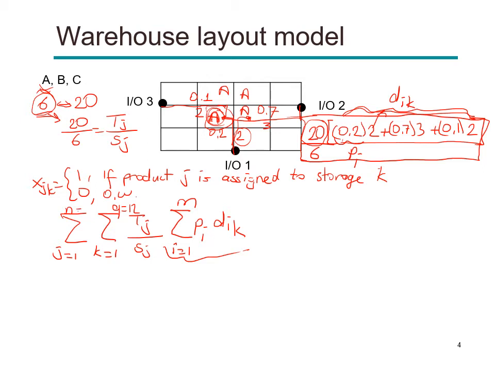In this example, n is equal to 3. So we want to minimize this total distance: the sum of T_j divided by S_j multiplied by p_i d_ik, and the summation over all parts, all storage locations, and all input-output doors. This is our objective function.